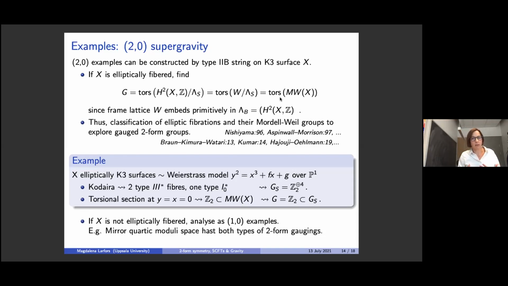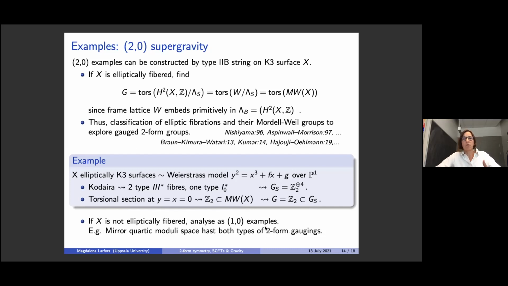What's nice about this is that a lot of things are known about the Mordell-Weil groups of elliptic fibrations, and we can use that to explore gauge 2-form groups in 2,0 supergravity. And here is an example of a simple Weierstrass model that engineers a Z2 2-form gauging.